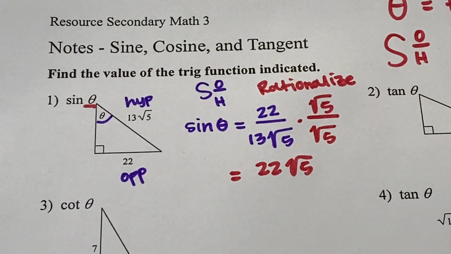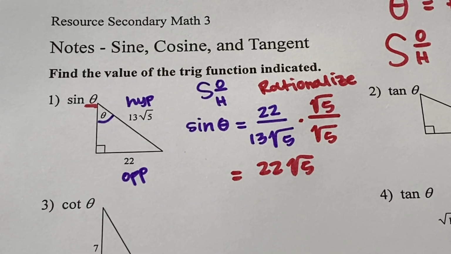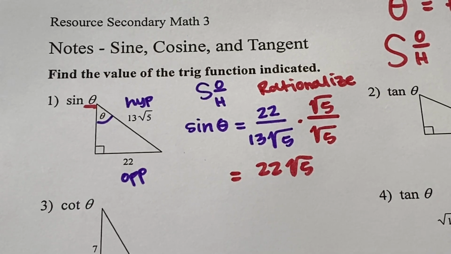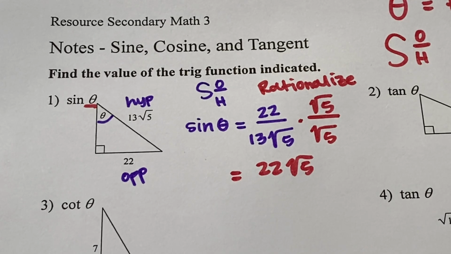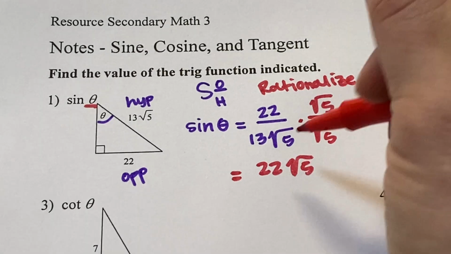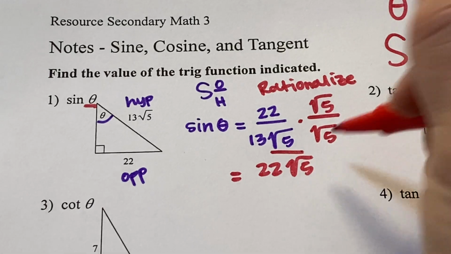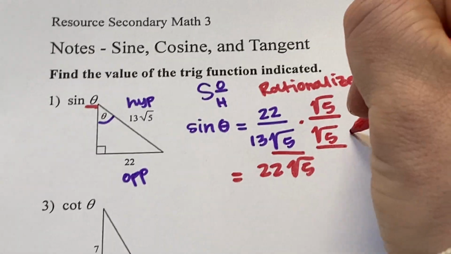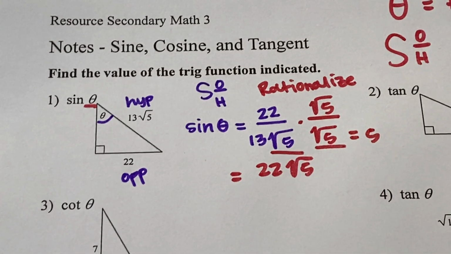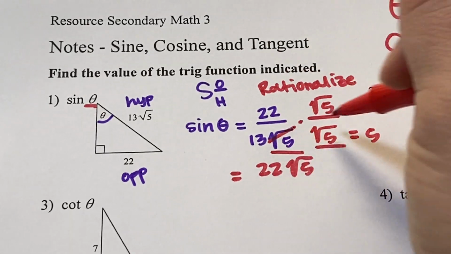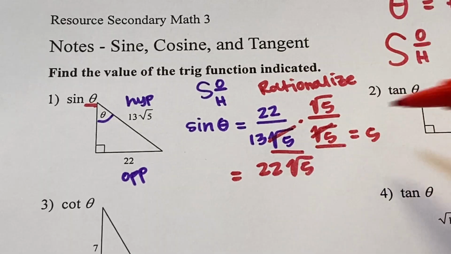You literally just push them together. You don't even have to multiply numbers. The denominator looks kind of scary, but root 5 times root 5 simply turns into 5, because you're just left with what's inside.